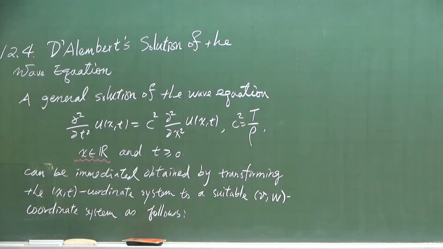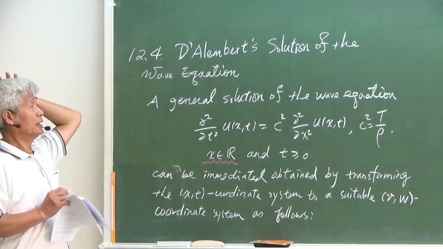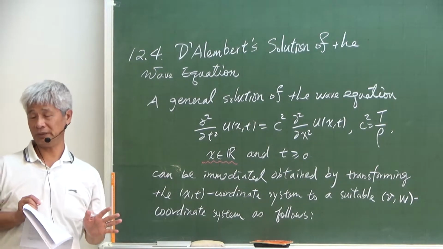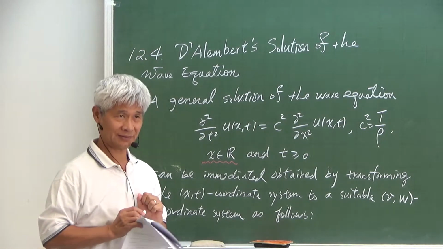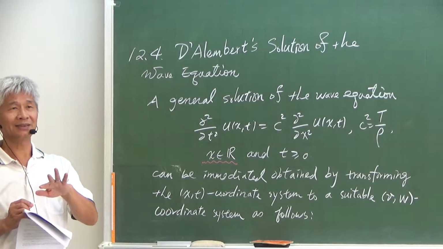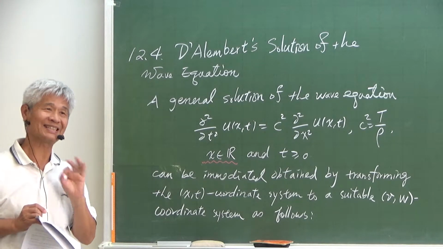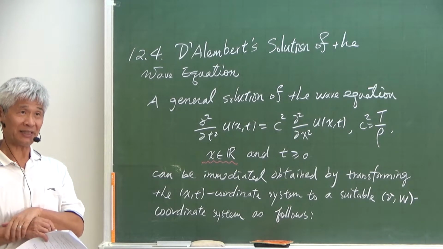Actually, in the recommended exercise, I put an additional problem, right? And also we have a quiz to illustrate that if we do a proper coordinate transformation, we can transform the original PDE to a much simpler PDE to solve, right?